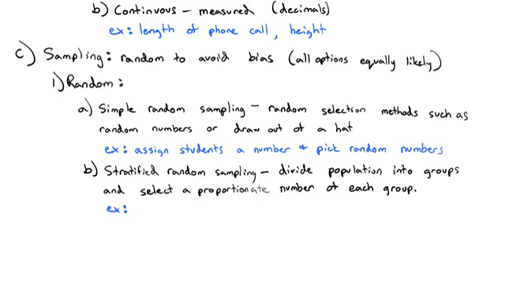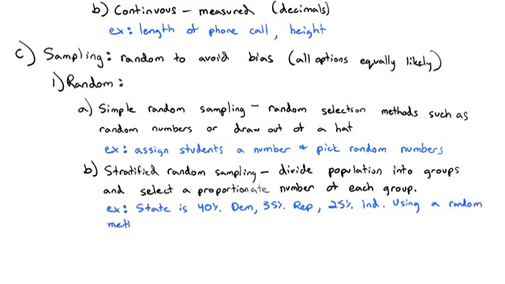So we guarantee it by saying if my state is 40% Democrat, 35% Republican, and 25% independent, then using a random method, we will select, I said we wanted 200 people, so maybe we double the percentages.